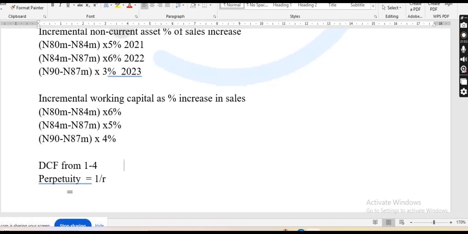I'm just thinking of a different approach. 1 divided by what is the rate? It's 10%, right? 0.1. So 1 divided by 0.1 is 10. We have 10.